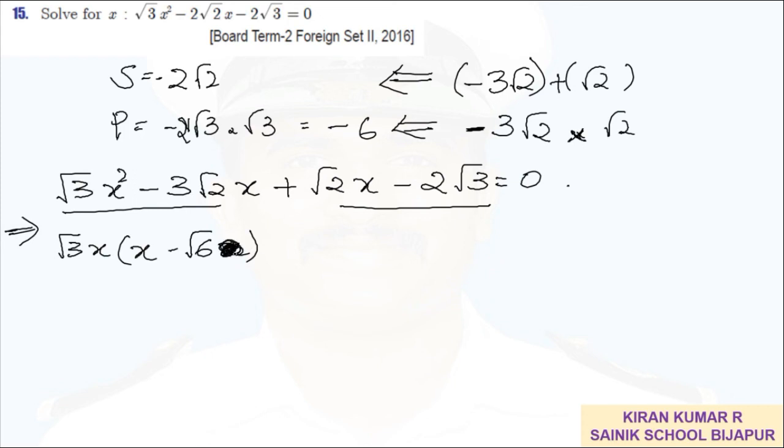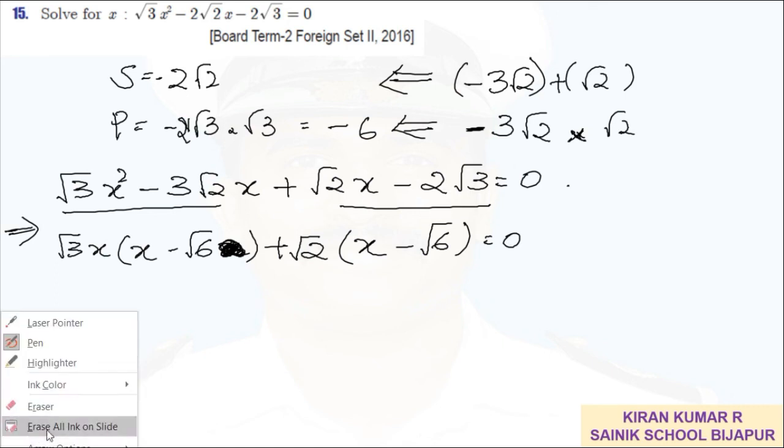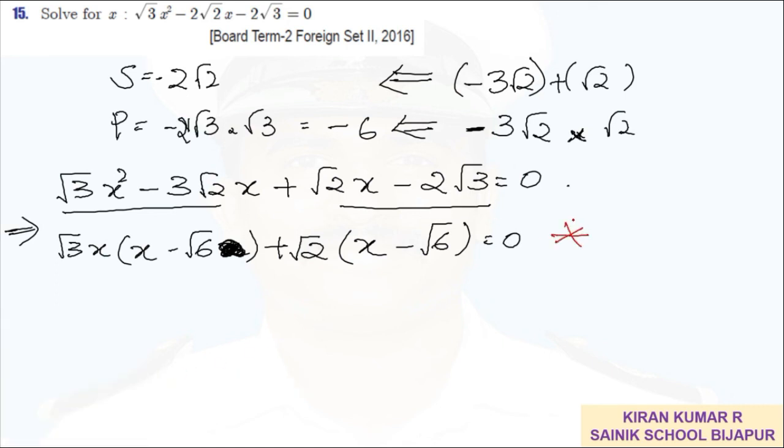X is taken out. Plus, now in these two terms, I will take a root 2 as common. So x minus, here from 2, if root 2 is taken out, root 2 remains. Root 2 multiplied to root 3 is root 6 equal to 0. Let me tell you, this step is the most important step.